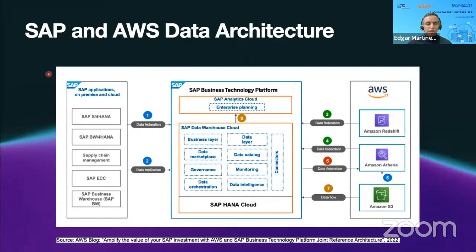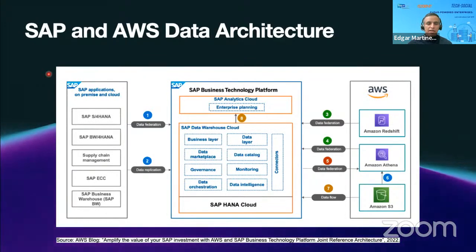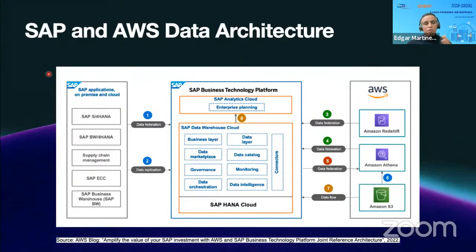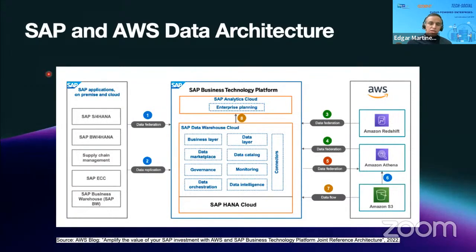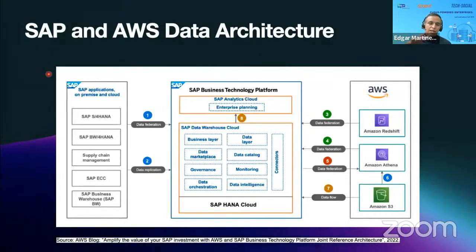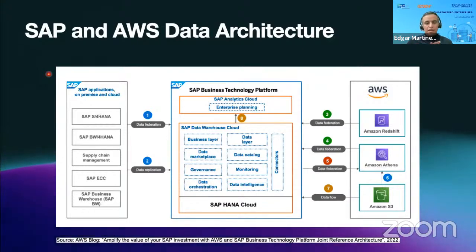Even though we are seeing here a static diagram, we can see a lot of things happening. With the numbers, for example, we can see how we are federating the data, how we are replicating the data. And then we process it, right? And then it comes back into the BTP platform for presenting the results with the analytics cloud. So we can see all the interactions happening here and all the possibilities that we get by using BTP, right?